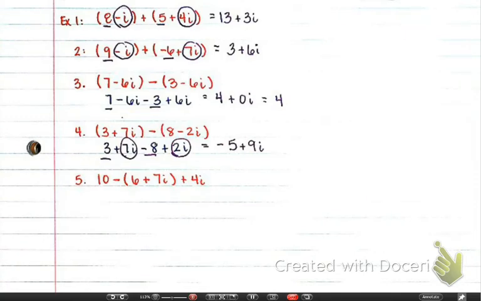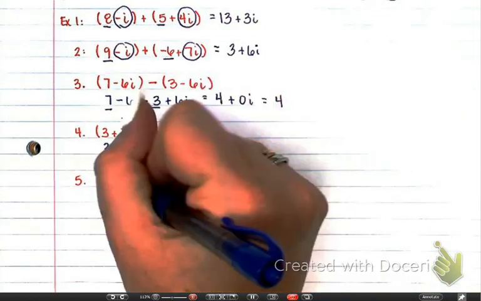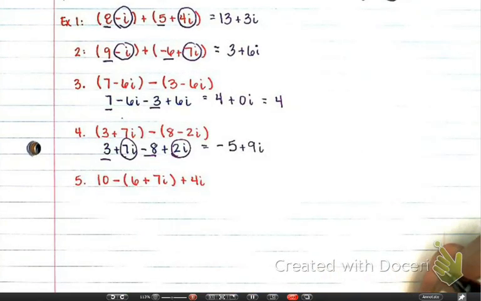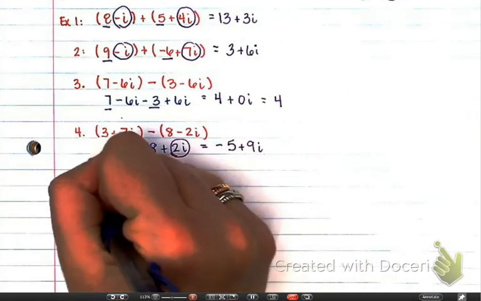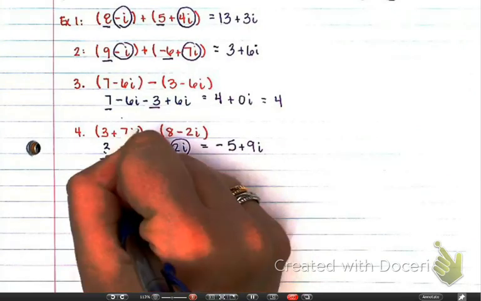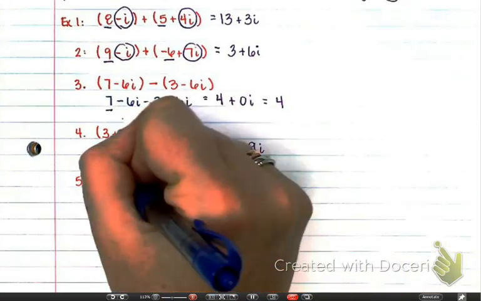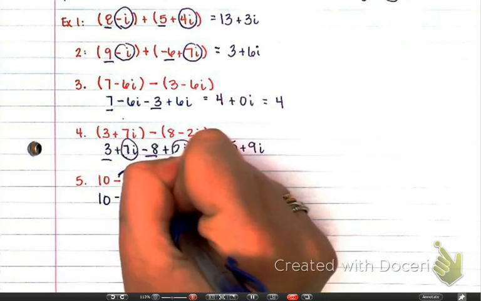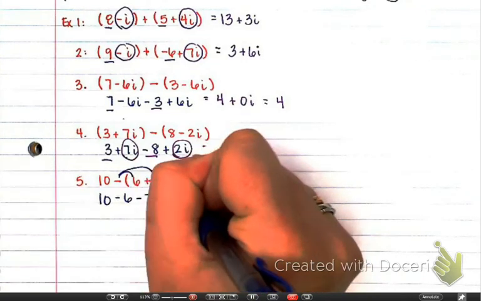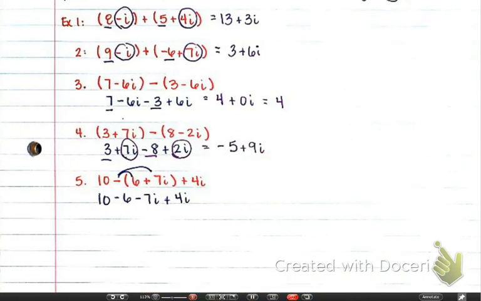We're going to do it together. So let's think about this problem. If we need to simplify, where are we going to start? What do we have to do first, do you think? Distribute a negative 1, right? We want to get rid of those parentheses. So we really have 10 minus 6 minus 7I plus 4I.